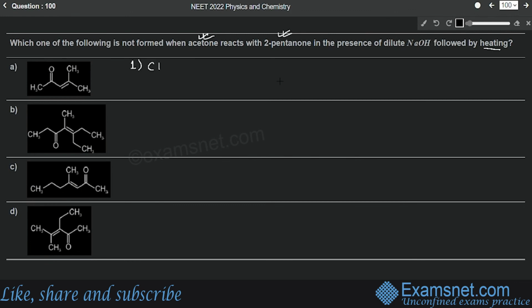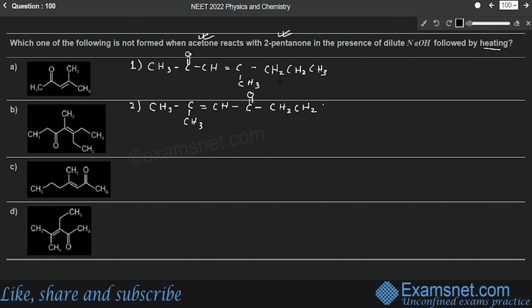The first possible product is CH3, then carbonyl group, then CH, C with a methyl group, and then 3 carbons, CH2, CH2, CH3. Okay, so this is one of the products. Then another possible product can be CH3, then the next carbon containing a methyl group, then CH double bond, then carbonyl group, then 3 carbons, that means CH2, CH2, CH3.